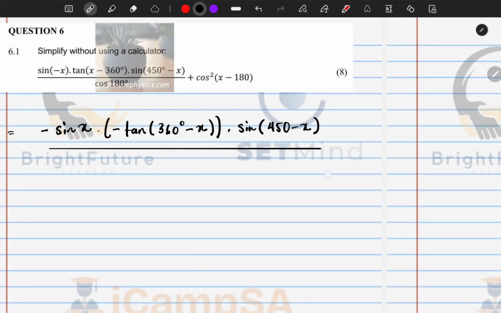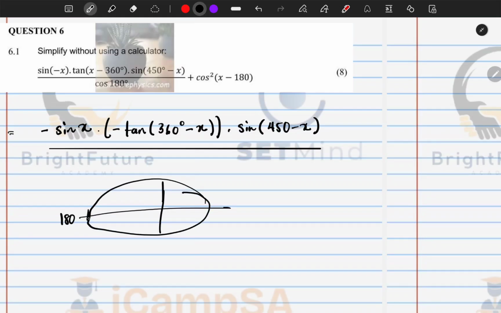cos of 180. Remember, if you take your CAST diagram, this is where you will find 180. If you are considering a unit circle, here it's 180, so the value here is going to be exactly -1.